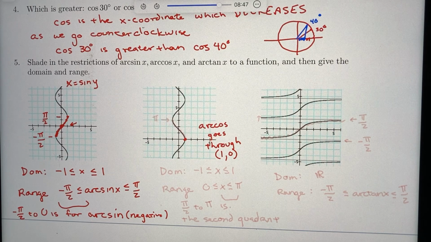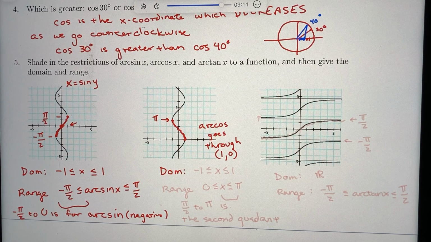Negative fourth quadrant angle. All right, arc cosine, notice you can't go from negative pi over 2 to pi over 2. You have to start at 0 and go to, looks like a little more than 3. Oh, that's pi. Okay, so the domain is, once again, negative 1 to 1.